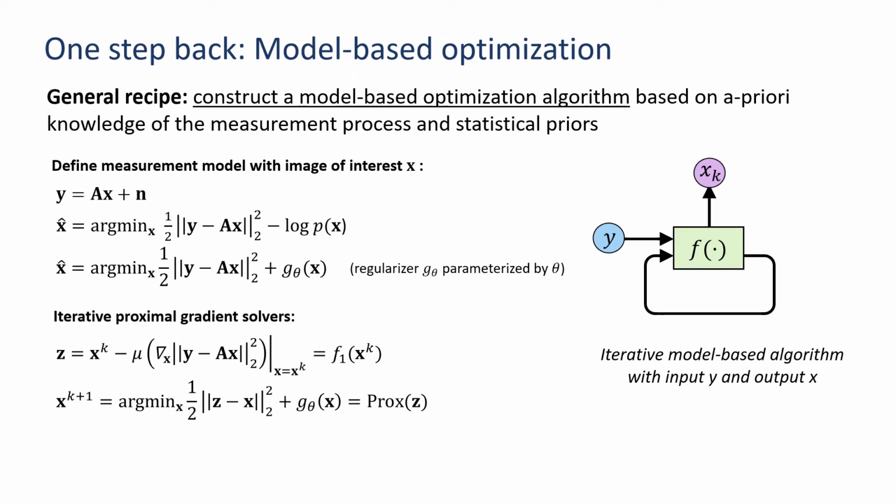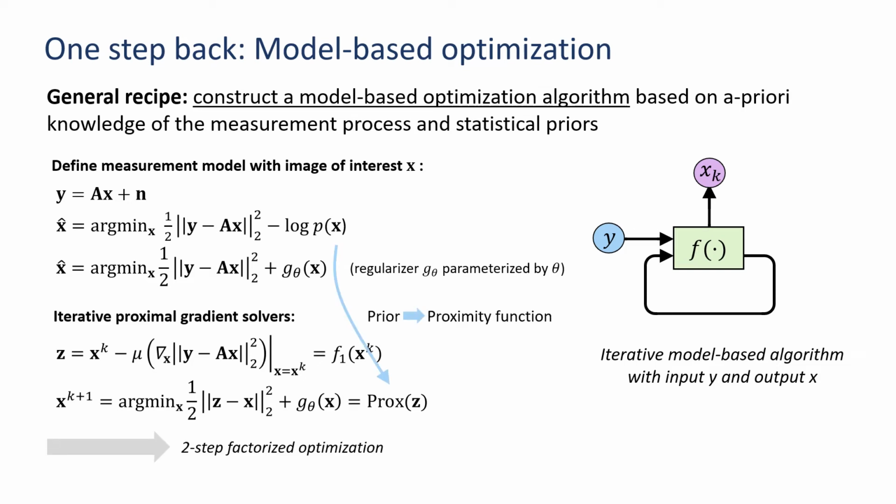So then you solve this second minimization problem, which for particular choices of g leads to an analytical expression for a so-called prox operator, which is a proximity operator. And that is why this is called an iterative proximal gradient solver, because it takes a gradient step in the direction of that least squares problem, and then a proximity step which projects it onto the regularizer.